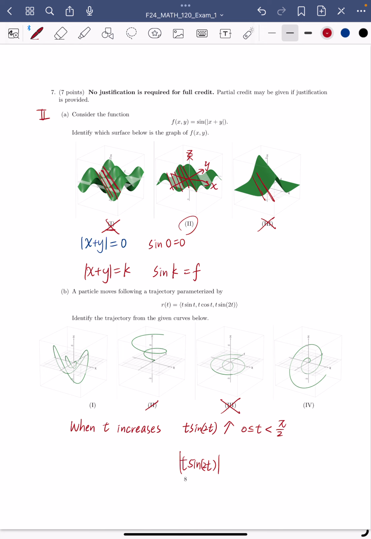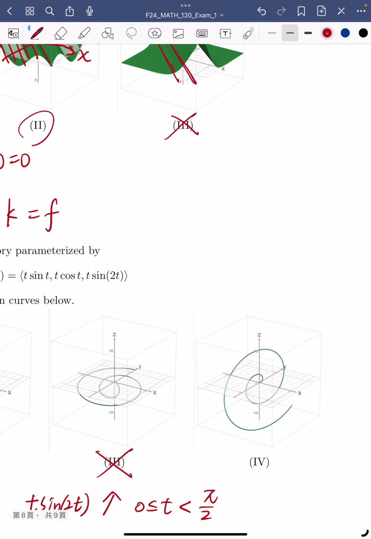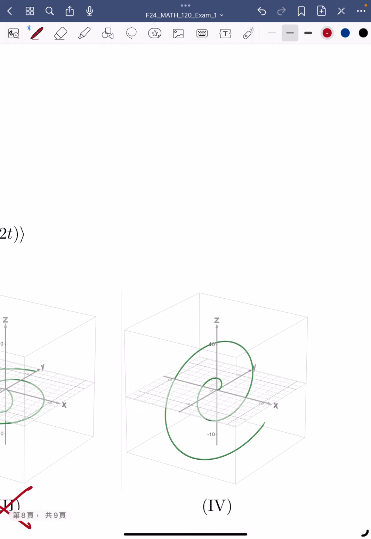What about... well, because we can zoom in a bit. So now it's clear.